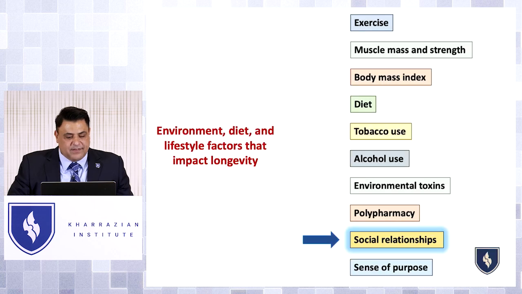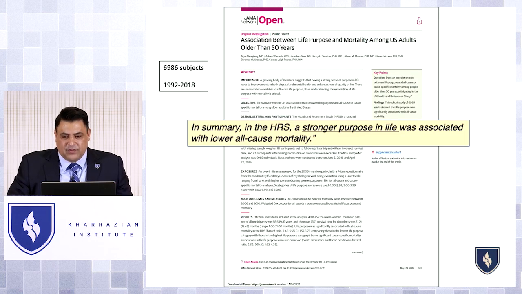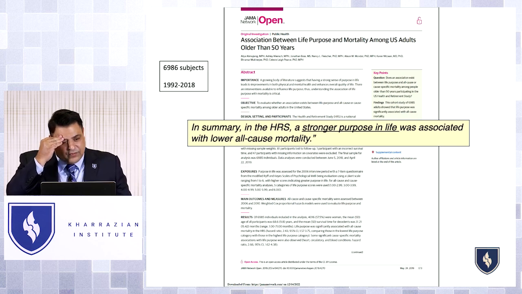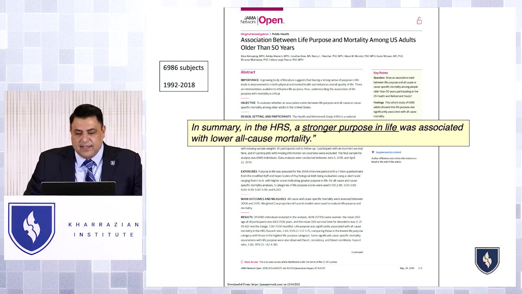Another key one, the sense of purpose. Numerous studies have really shown sense of purpose is a huge factor in all-cause mortality. This was a large study that was published in JAMA Network. 7,000 subjects followed from 1990 to 2018.